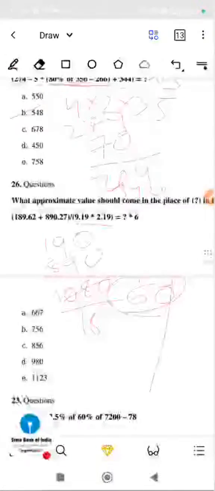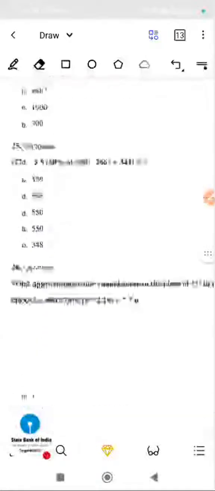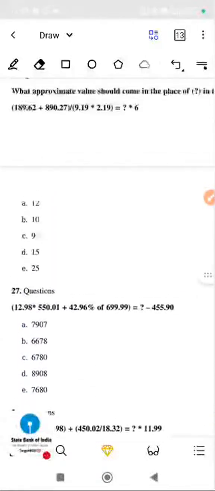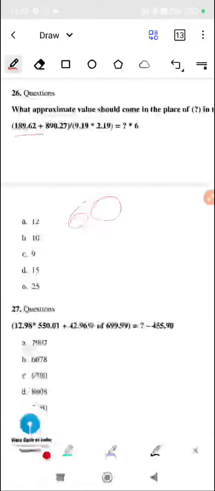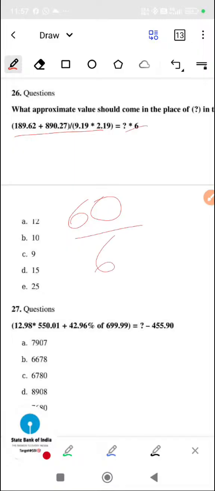So this is not the page of this one, so the answer for this one must be 10. So we get a 60 from counting all these divided by 6. So we get a 10. Option B is our answer.